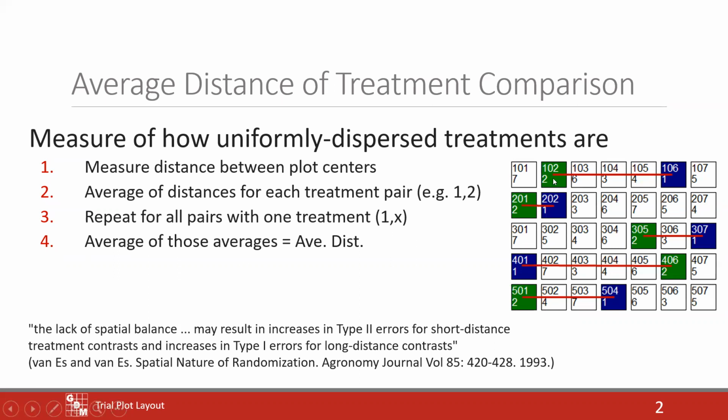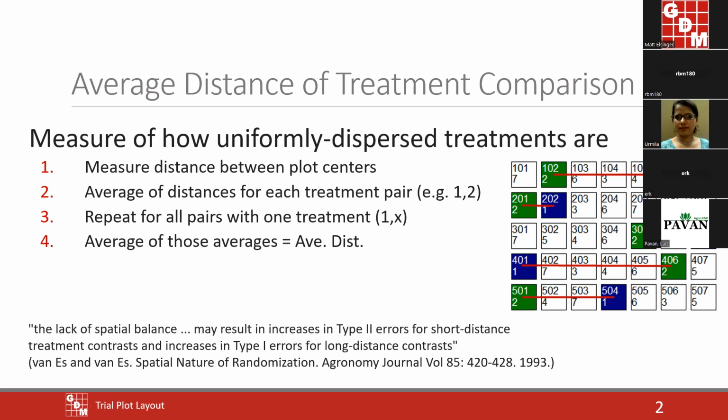And the goal is, again, just to get a feel for how evenly dispersed the treatments are across the map. So we kind of go pairwise across each pair. So let's look at treatment 1 to start with. And treatment 1 versus treatment 2, we calculate the distance between treatment 1 and treatment 2 in each replicate.